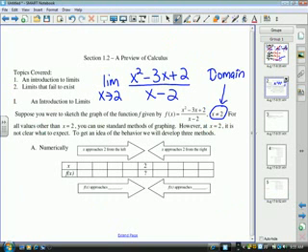What would be some good numbers from the right of 2 to use? Okay, you're getting too close. Usually you'd start about where, though? 3 might be okay. 2.5.